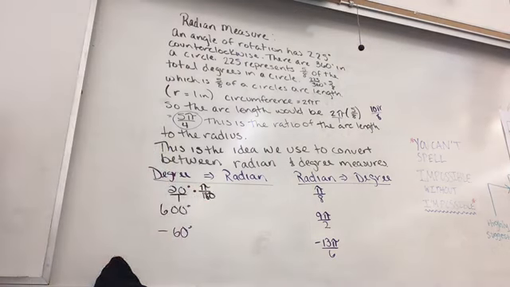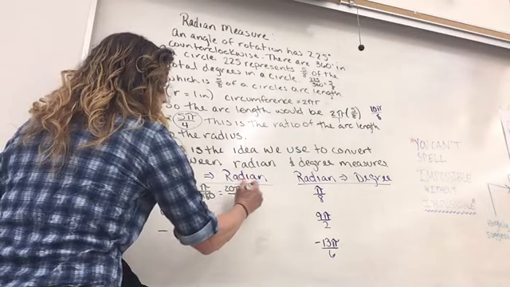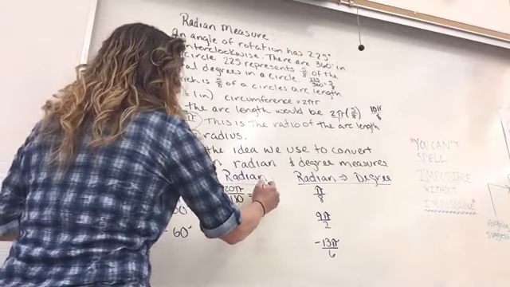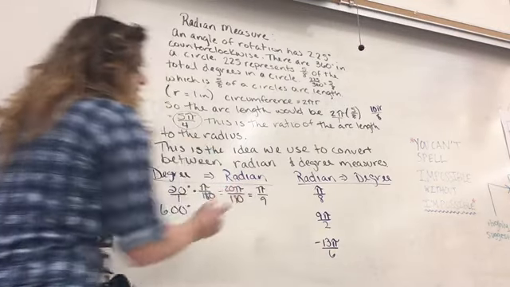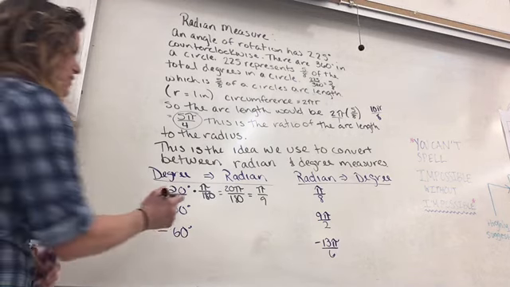So we're going to put a 1 under the 20. This gives me 20 pi over 180. If I reduce that down, that's pi over 9. And that's the radian measure. That is the ratio between the arc length and the radius. Now, 600, same thing.